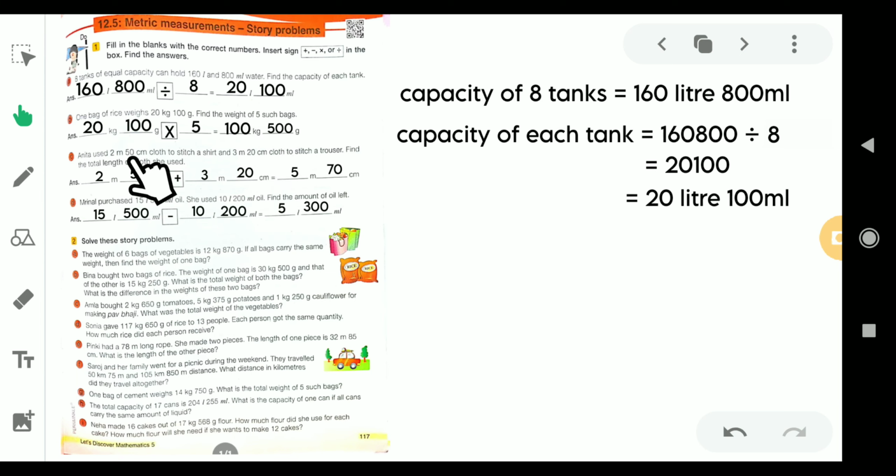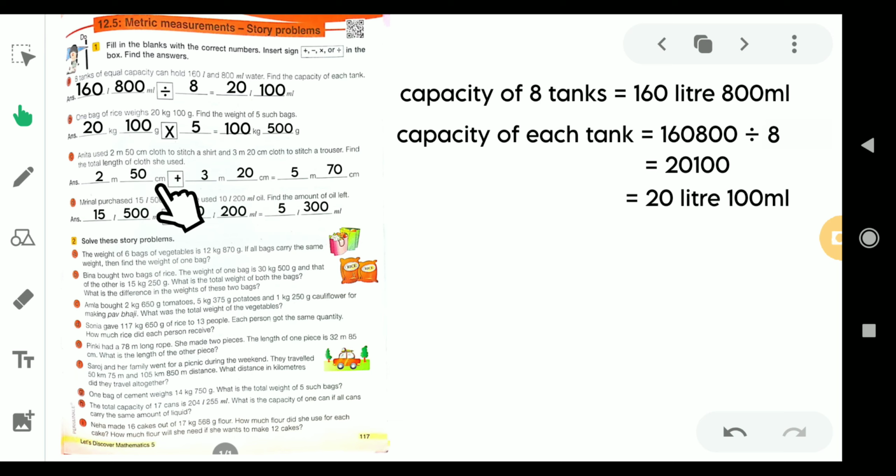Anita used 2 meter 50 centimeter cloth to stitch a shirt and 3 meter 20 centimeter cloth to stitch a trouser. Trouser is nothing but a pant. Then find the total length of cloth she has used. So first she used this much for stitching the shirt, and later she used this much cloth for stitching the trouser.